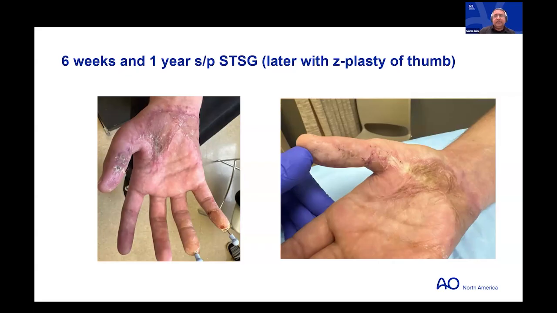I think one of the benefits of the synthetics is that they don't have as much of an odor sometimes that you may notice with some of the biologics, and also they have less of an appearance of infection.